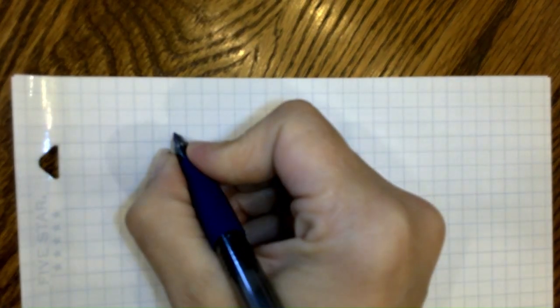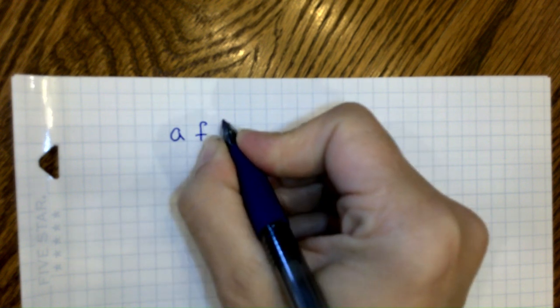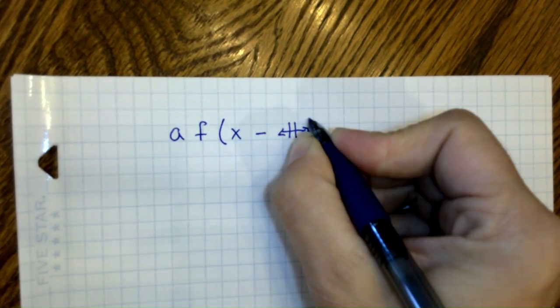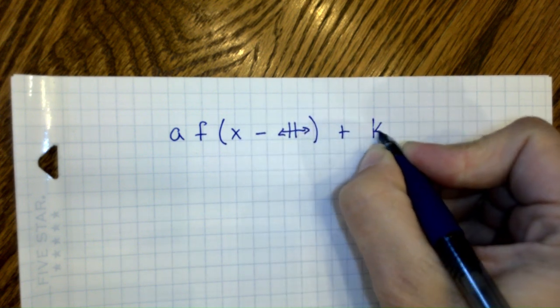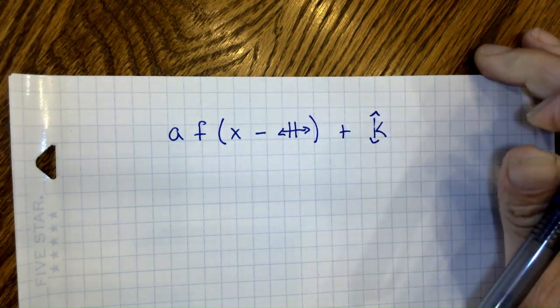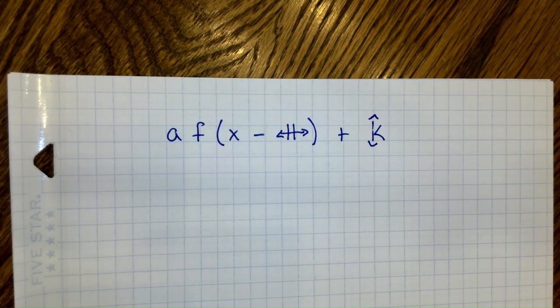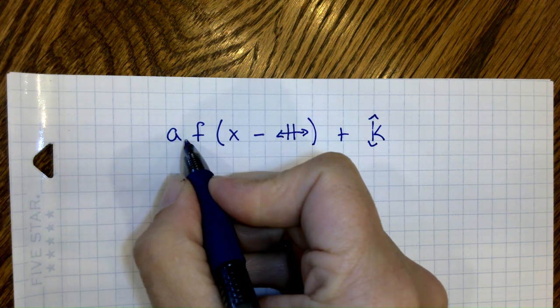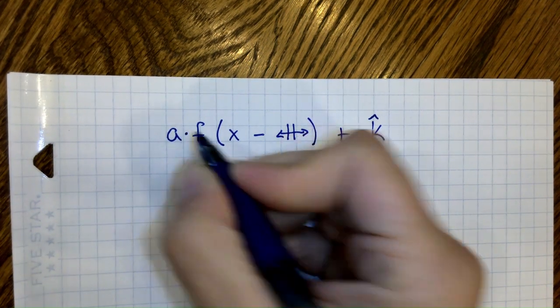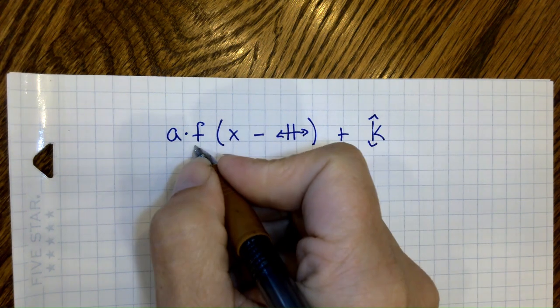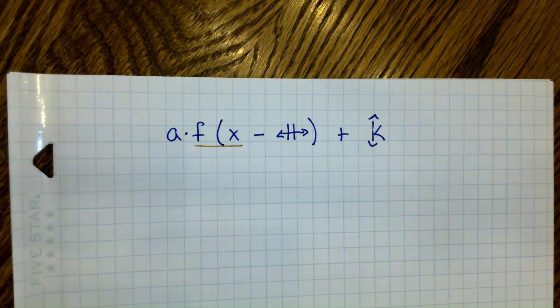In summary, we've got a times f of x minus h plus k. So you might have noticed that I did not just write a normal capital H and a normal capital K. I wrote something with arrows, and that's really to help us. Normally we won't see anything in between here, but I'm going to go ahead and put a dot for a times sign. Keep in mind this f of x is that controlling function.